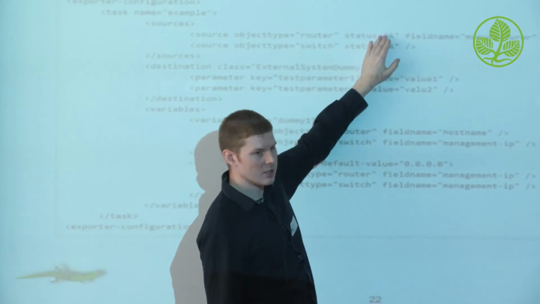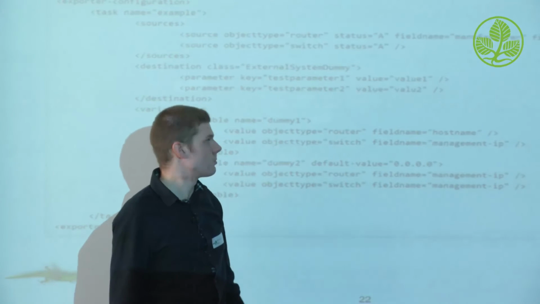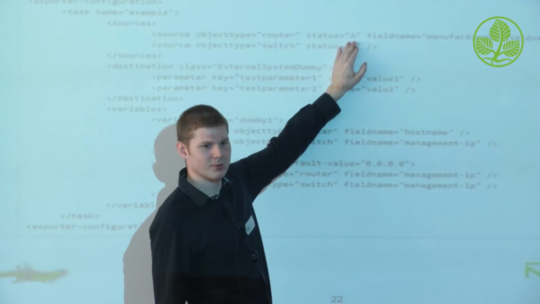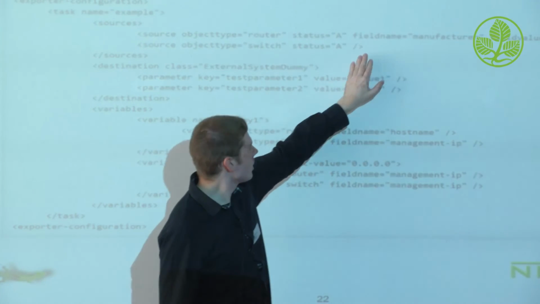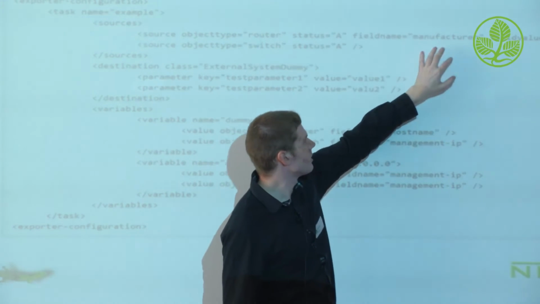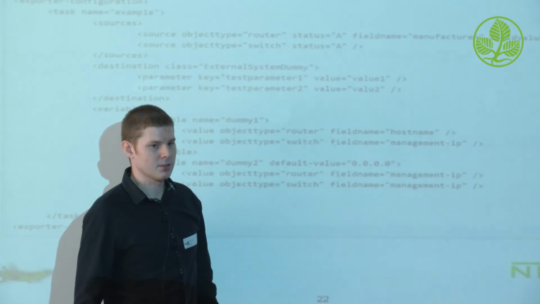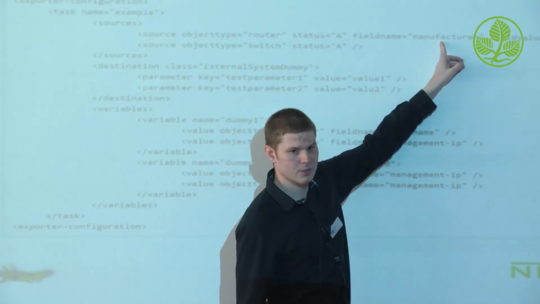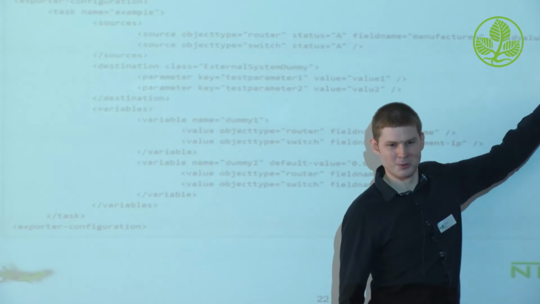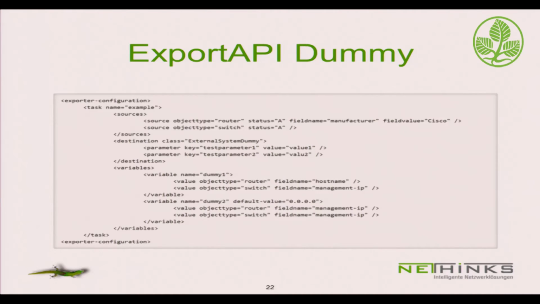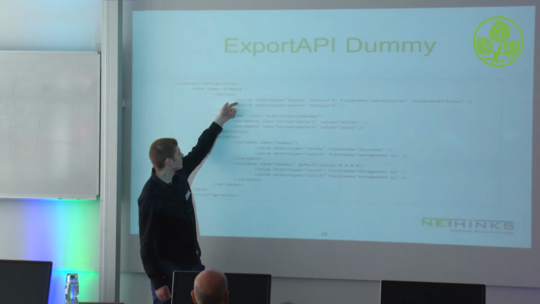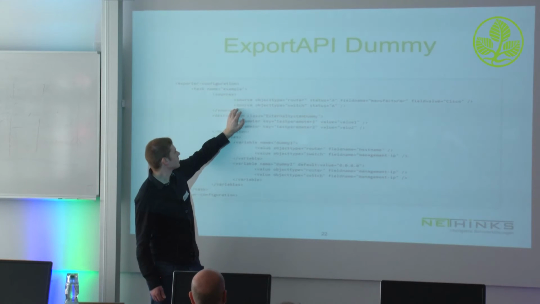We can define a state for the objects, so we only want to export objects if they have the state active. And we can define other requirements. So for example, if the manufacturer field should be Cisco, we can define this as a condition to export objects in this task. We can use different object types as sources.